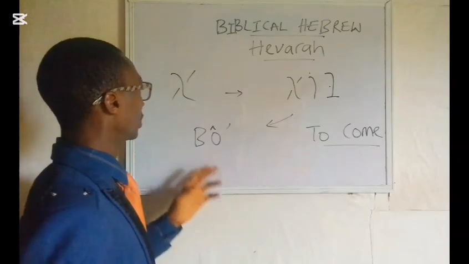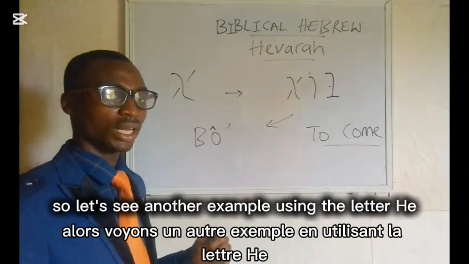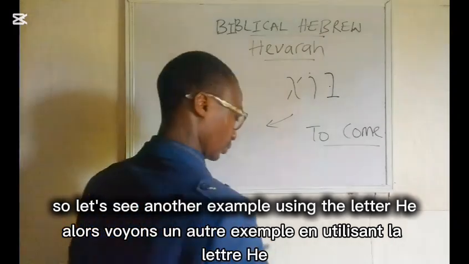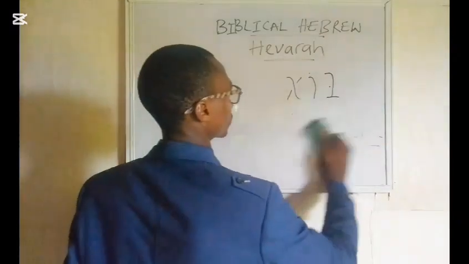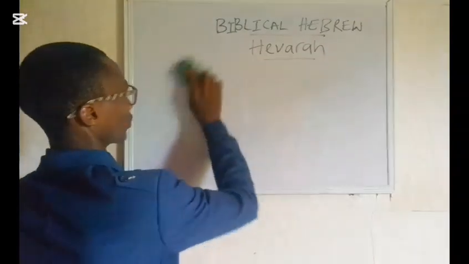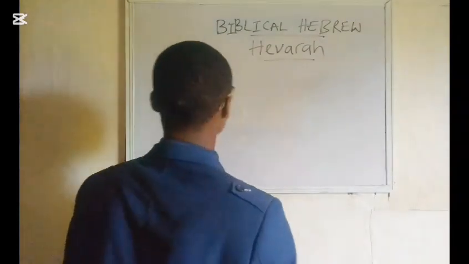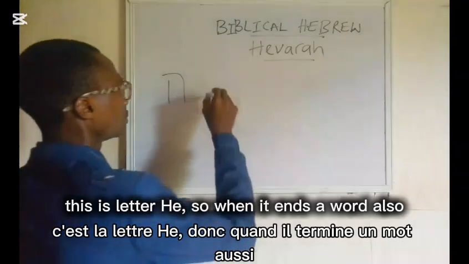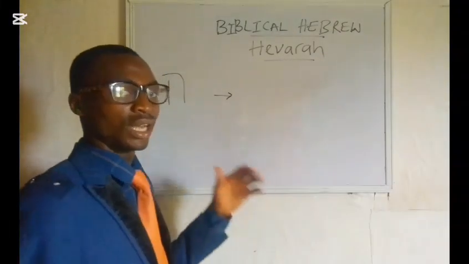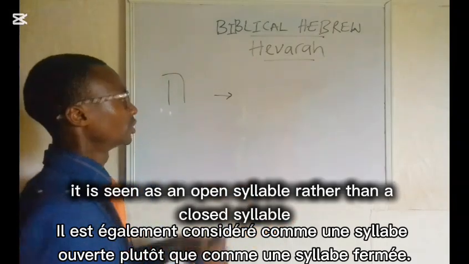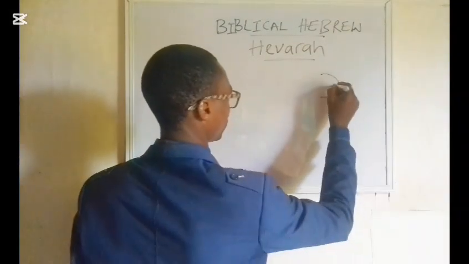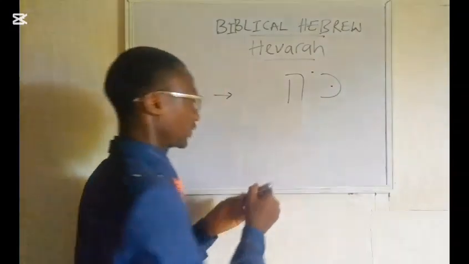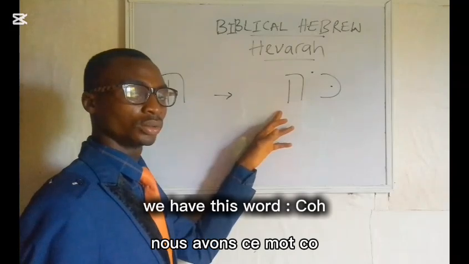So let's see another example using the letter he. When it ends a word also, it is seen as an open syllable rather than a closed syllable. An example like this word ko.